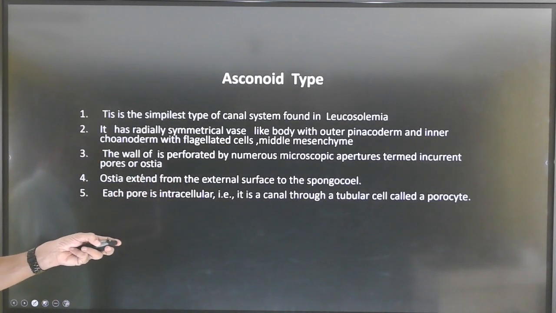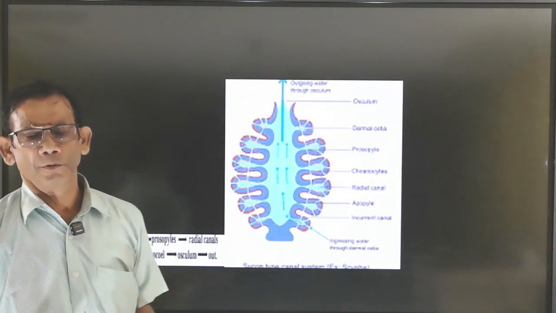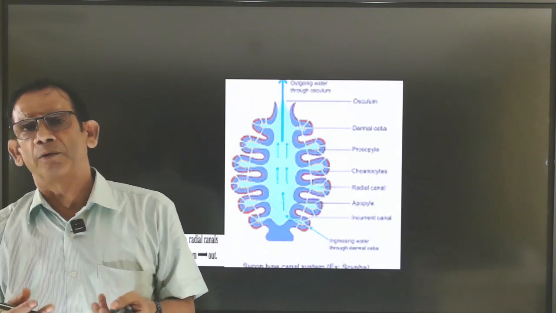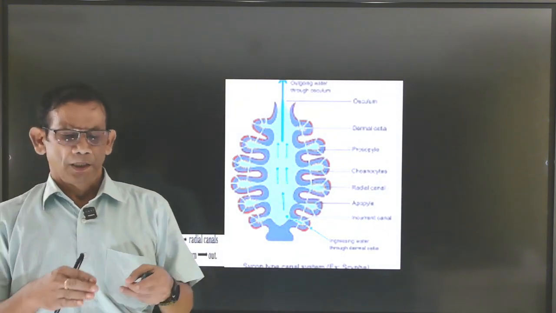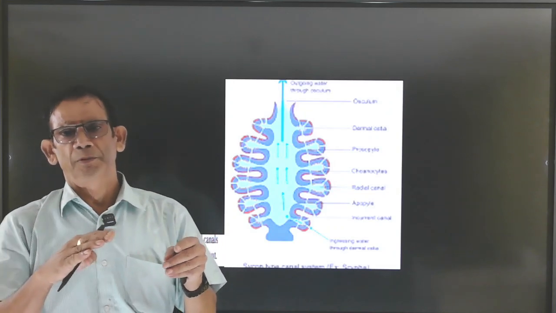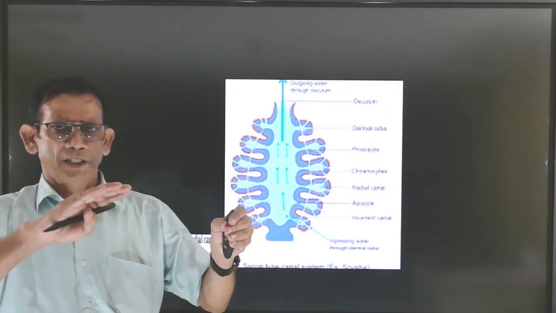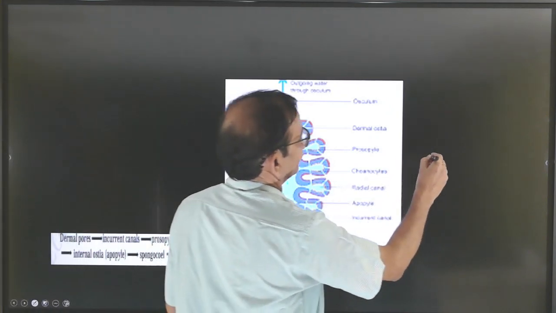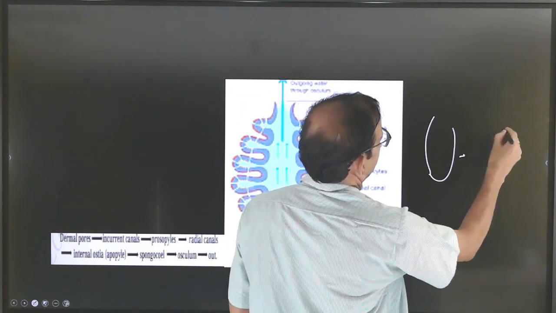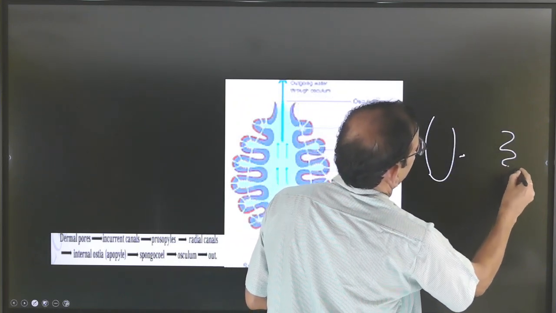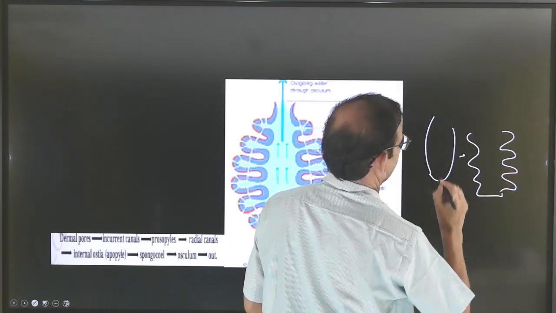Now, the next one is called Sycon type. As evolution goes on, the structure of the sponge from Leucosolenia becomes more complicated. Suppose this is the Ascon type. After evolution, this structure is very much folded and ultimately forms a structure called Sycon type.